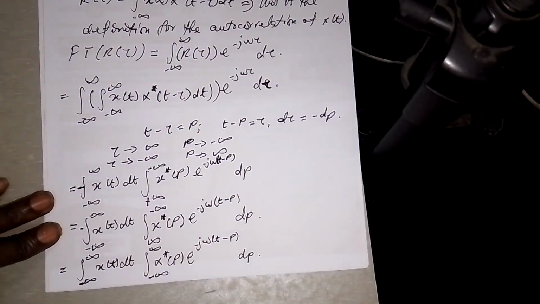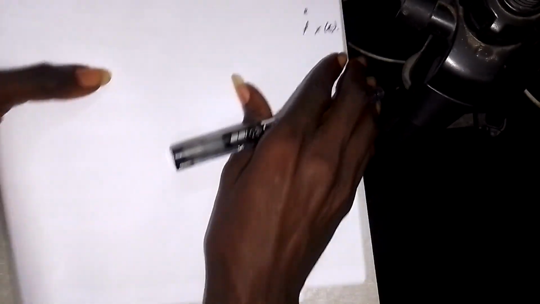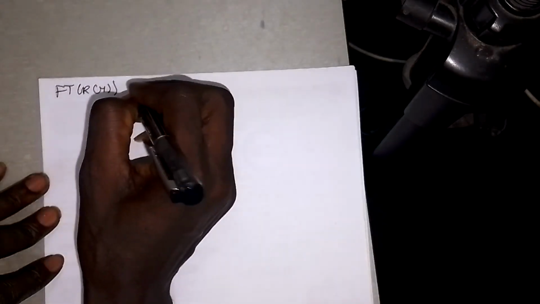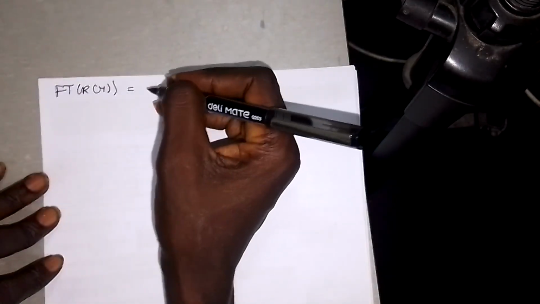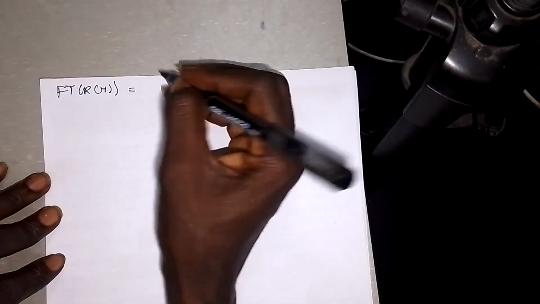So now, when I have that, I can have the Fourier transform of R(tau) to be equal to this.